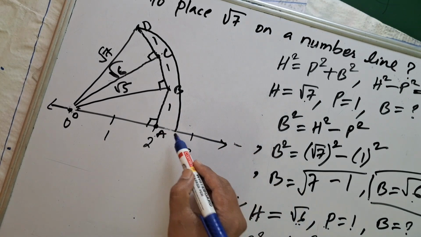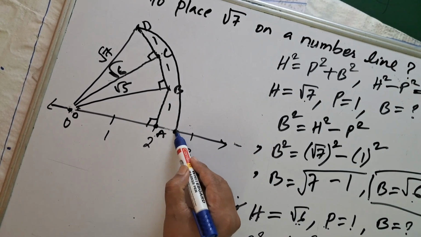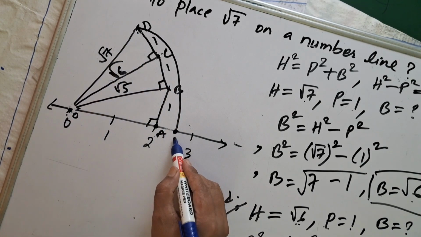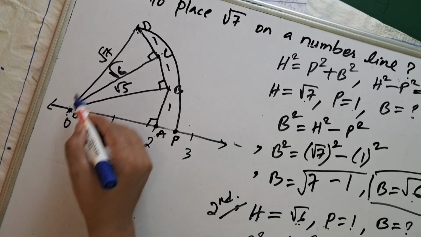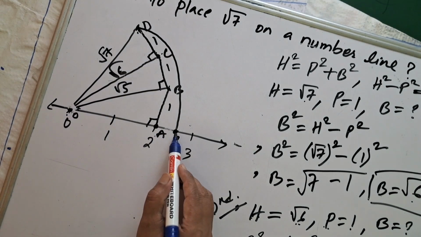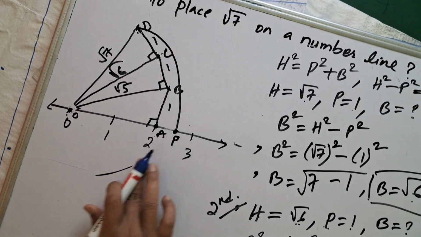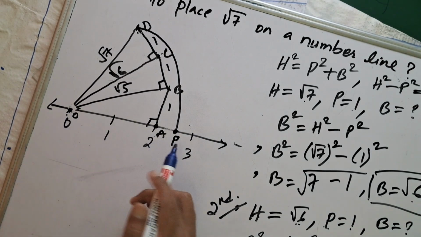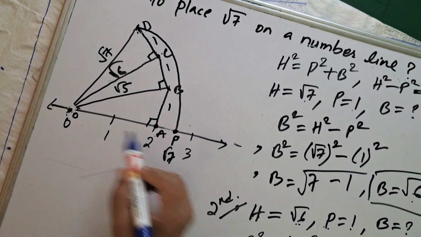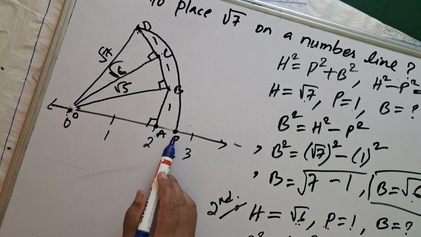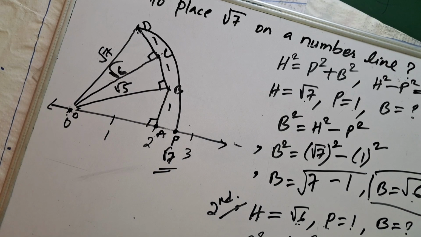Where the arc meets the number line, let's suppose this is point P. O to D and O to P are equal radii of this circle, isn't it? OD is root 7, so OP must also be equal to root 7. So this is how we place root 7 on a number line.